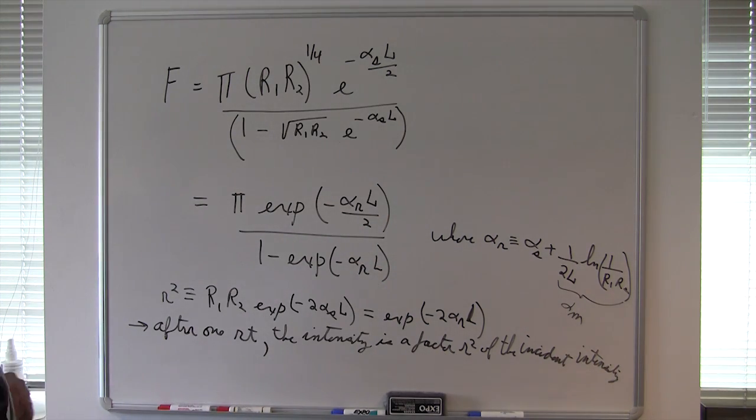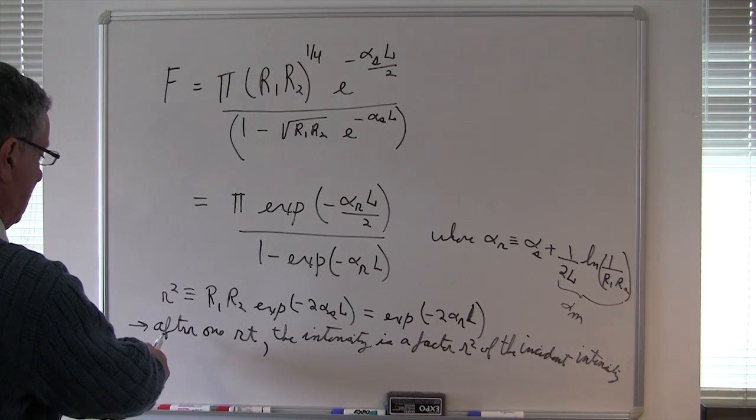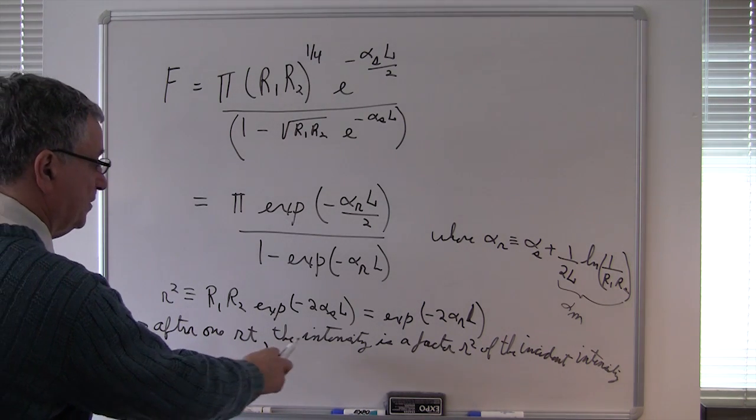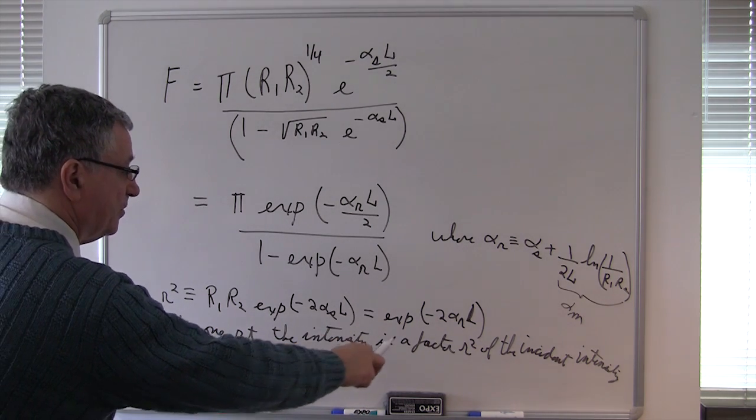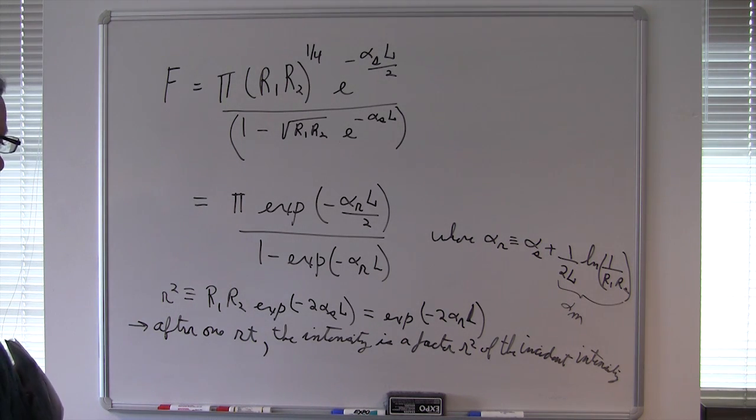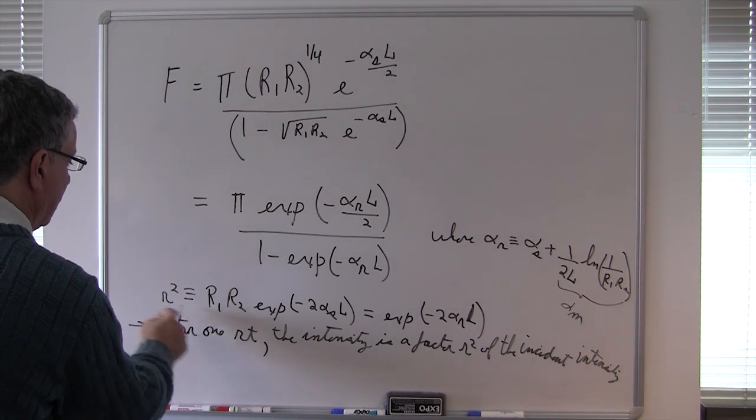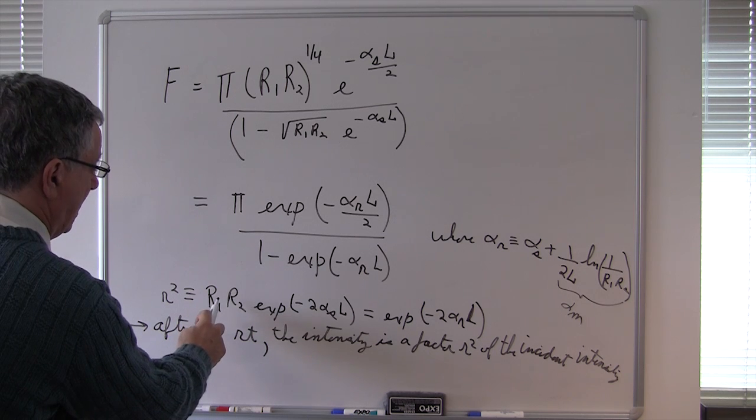So if you take r squared, after one round trip the intensity is a factor r squared of the incident intensity. This is what we mean by r squared.